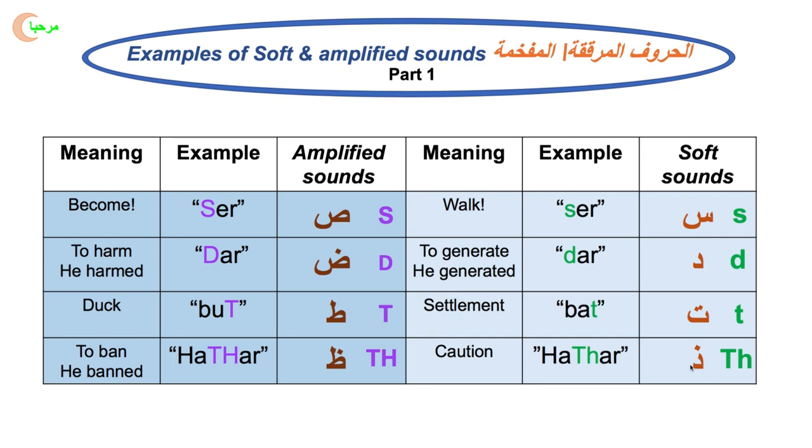The next letter here is dal, and we agree to write dal as capital T and small h, versus this one, which is dha, and we agree to write dha as capital T and capital H. Again, I picked two words that have same letters, but in this one it has a dal, and this one it has dha.